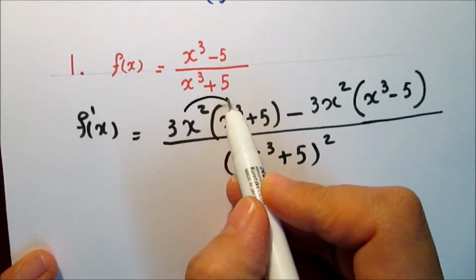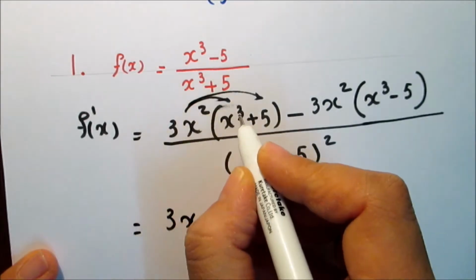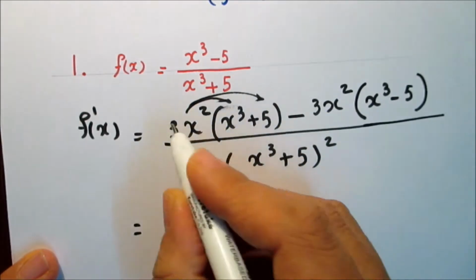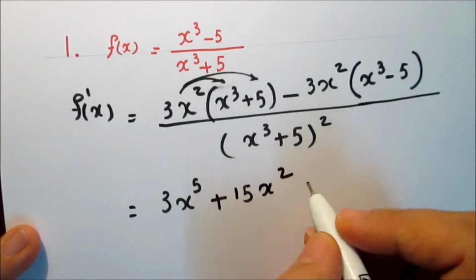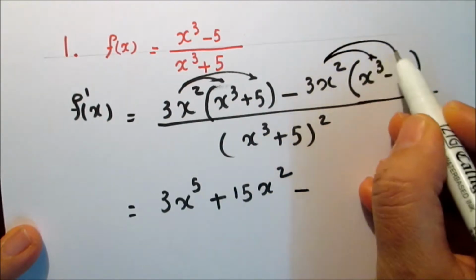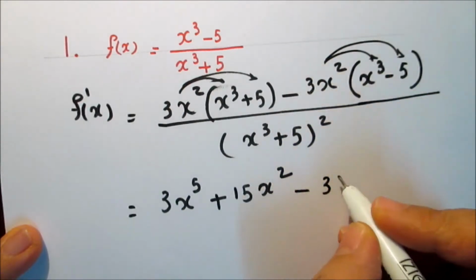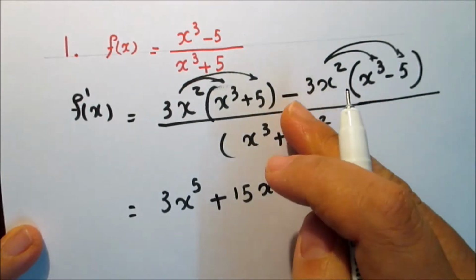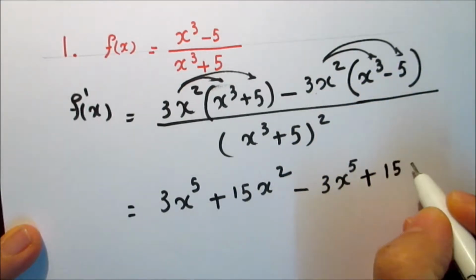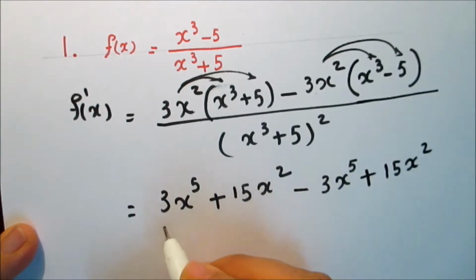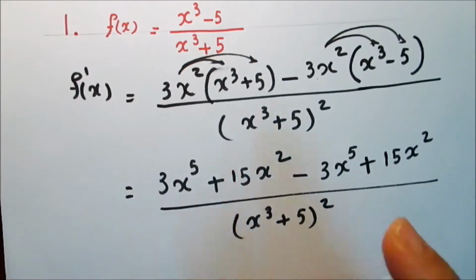Now simplify by distributive property, so we have 3x to the power 2 plus 3 to be 5, plus 3 times 5 to be 15x squared. Minus, now distribute this, 3x squared times x cubed to be 3x to the power 2 plus 3 to be 5, and negative times negative changes the sign to be positive, 3 times 5 to be 15x squared, over, keep the denominator squared, no need to expand it.